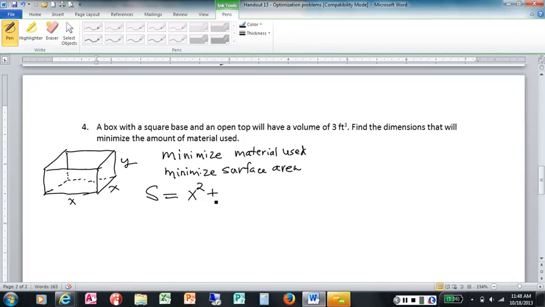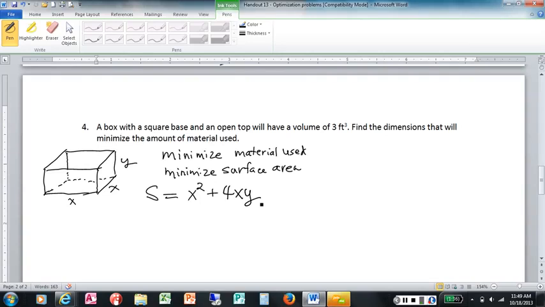Front's an xy rectangle, and the back is an xy rectangle, and there's no top, so it's open up here. So it's just the bottom and the four sides, and the four sides happen to all be x by y. So there's four xy's. If this one had a top, I would have 2x squared, but it said there is no top. So the surface area that I want to minimize is x squared plus 4xy.